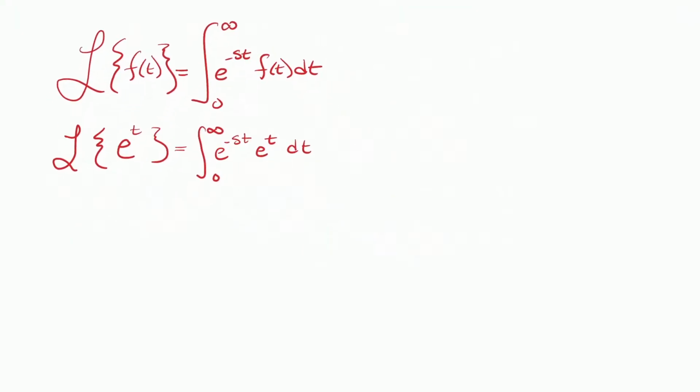So we'll also do the Laplace transform of t squared. We'll do that over here. And that will be the integral from 0 to infinity of e to the negative st times t squared dt. So we'll do both of these by hand. It's going to feel like the limit definition of a derivative is just pain.